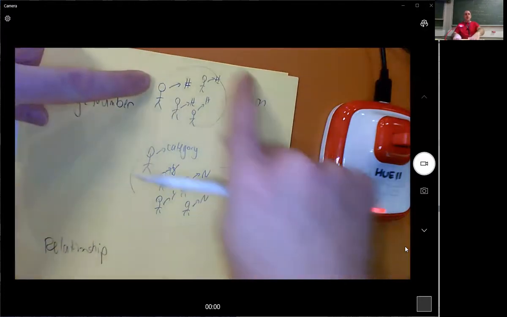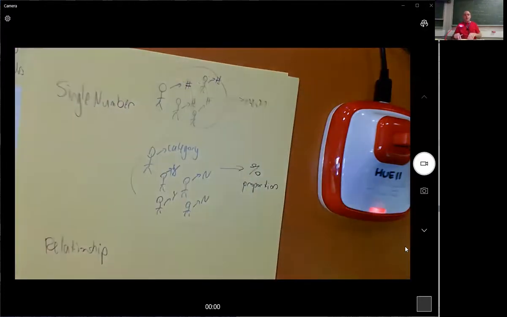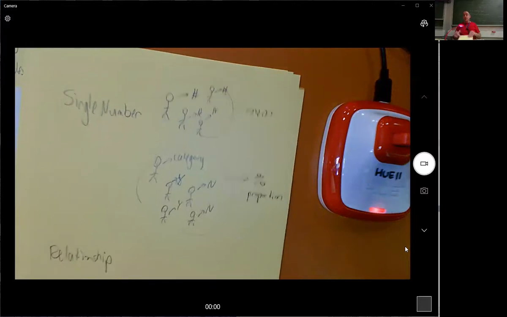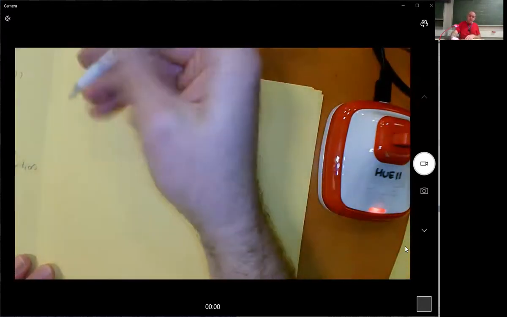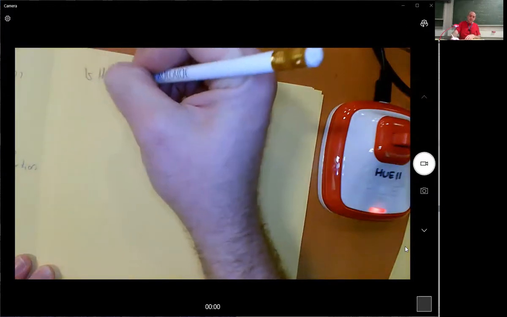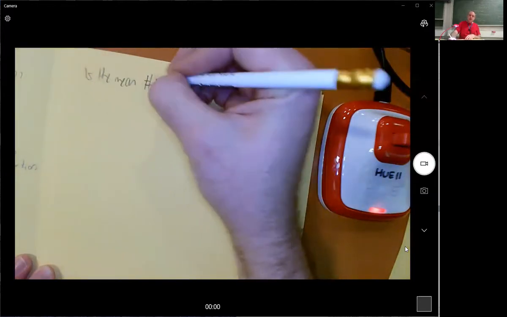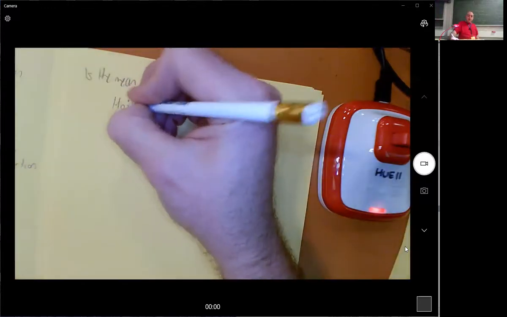So if we're in this situation and we've got a question about whether the mean is equal to a specific number, is the mean this number, then your null hypothesis would be that the mean is that number.